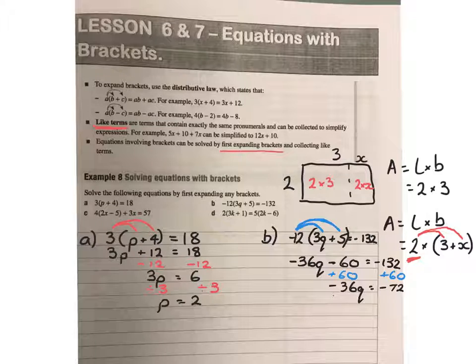Then we divide by negative 36, the coefficient, the number in front of q. And we get q is equal to negative 72 divided by negative 36, which is 2. All right, so then I'm going to move on.